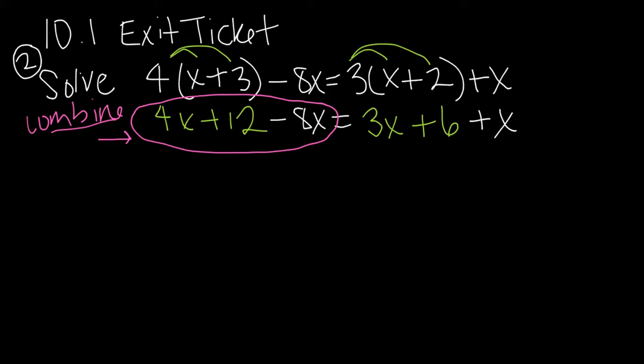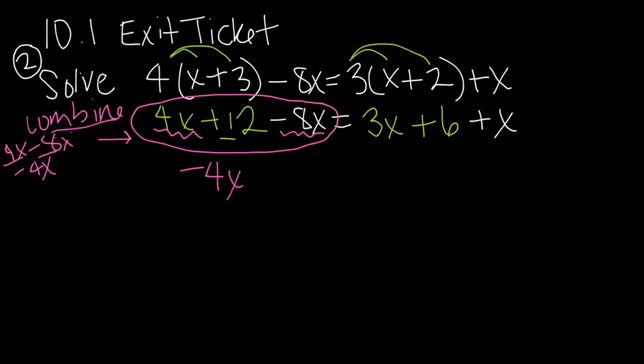Two terms that are alike are this 4x and this negative 8x. If we combine 4x minus 8x, we get negative 4x, just by adding 4 and negative 8. So negative 4x is what we get when we combine on the left side.